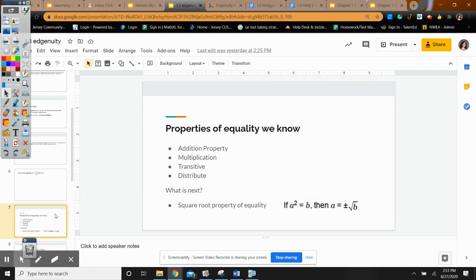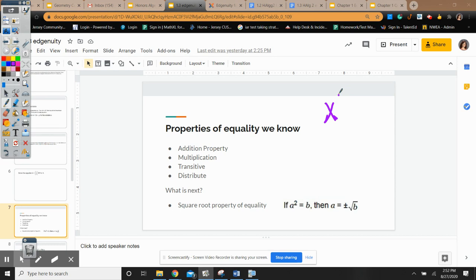Okay, so these are the properties that we know so far for equality. We have your addition property, your multiplication property, your transitive and distributive. The next one we're going to talk about is the square root property. What it says is that if a squared equals b, you are allowed to take the square root of both sides. But if you do, you're going to have to make sure you do a plus or minus, because there are two numbers.